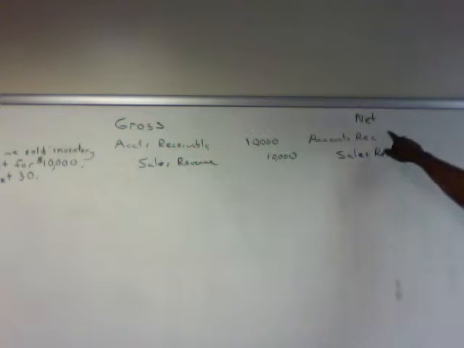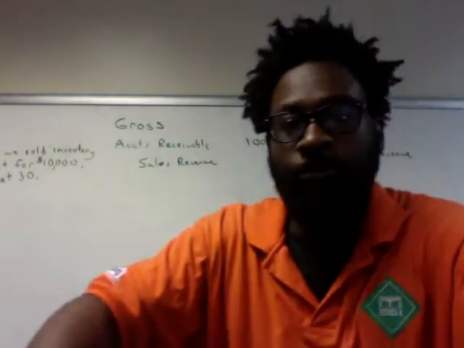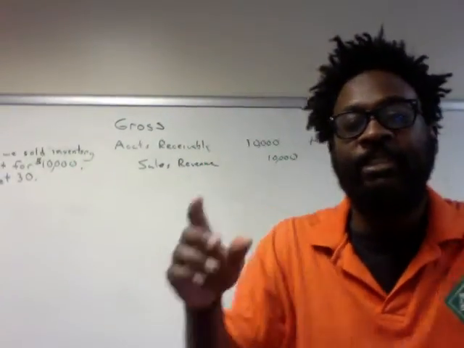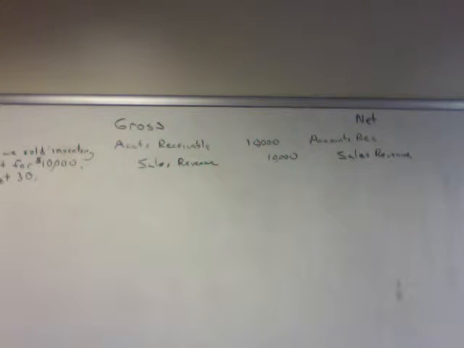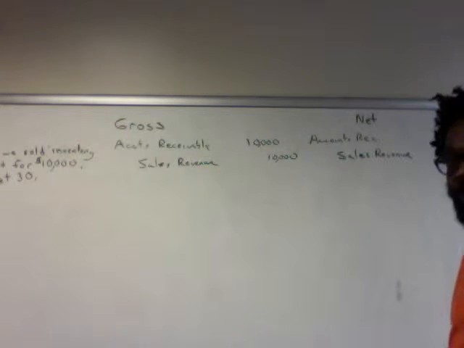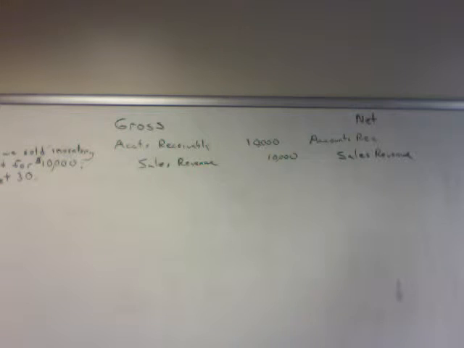Because the method dictates that. So instead of us putting $10,000, which would be equal to the gross amount, we're going to have to take out the discount, right? So the discount is 2/10, net 30, and so we're going to assume that they already took the discount out before we even give them a chance to pay. That's the net method rule.